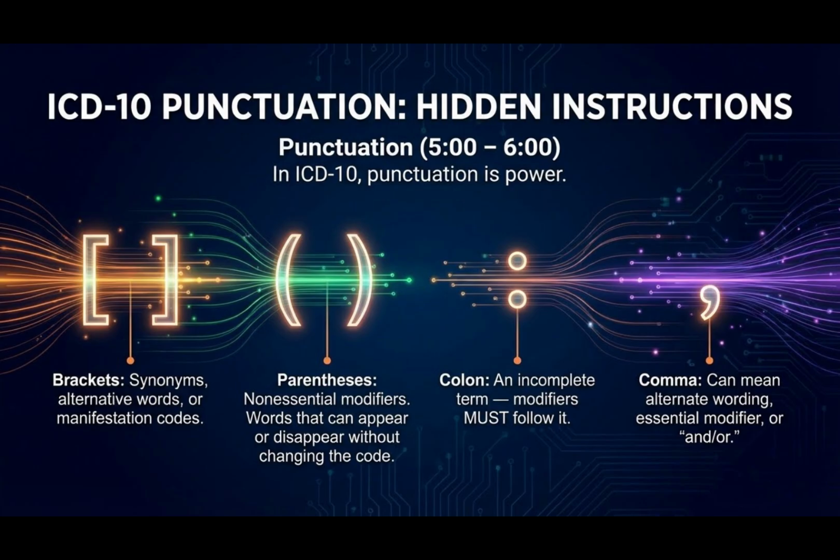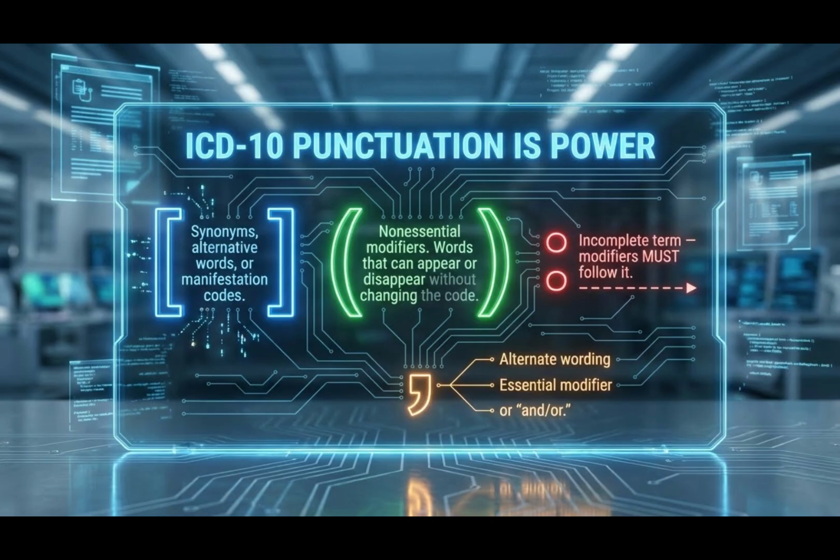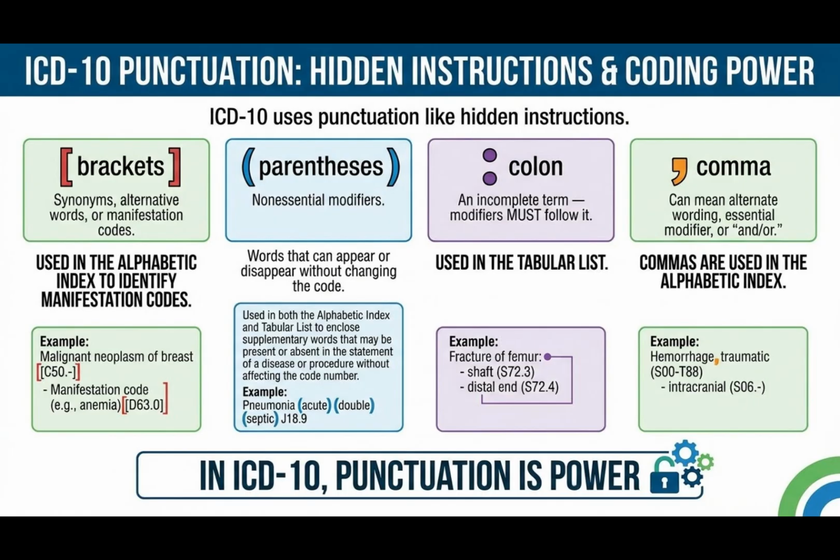Punctuation uses hidden instructions in ICD-10. Brackets: synonyms, alternative words, or manifestation codes. Brackets are used in the alphabetic index to identify manifestation codes. Parentheses: non-essential modifiers, words that can appear or disappear without changing the code.